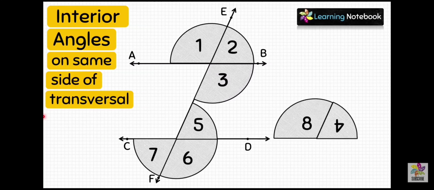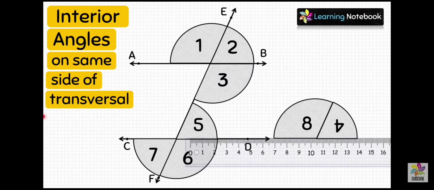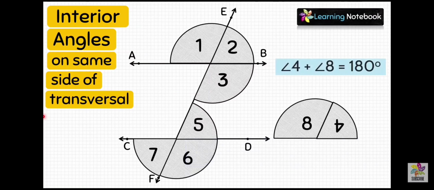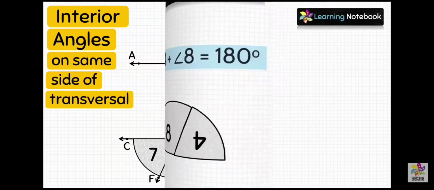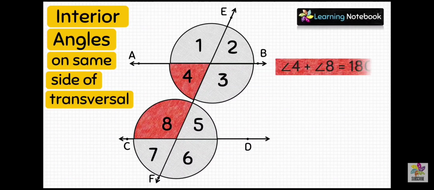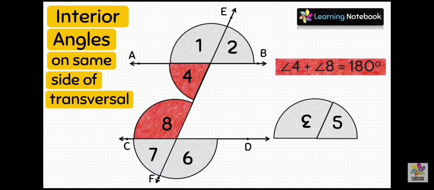Students, with the help of a ruler, we have to check that their non-common arms are in a straight line. So, it means angle 4 and angle 8 are supplementary angles. Similarly, let's take angle 3 and angle 5 and place them as shown here.